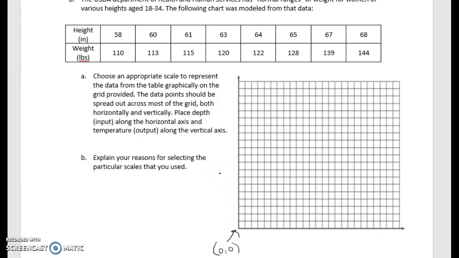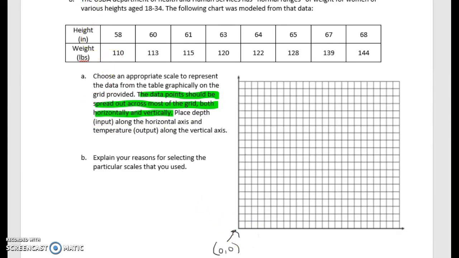And so when you guys fill in your notes and draft this, and you're going to put this as a discussion question, we want to make sure that the data points are spread out across the grid, both horizontally and vertically. And so it doesn't make sense to start counting from 0, 0.